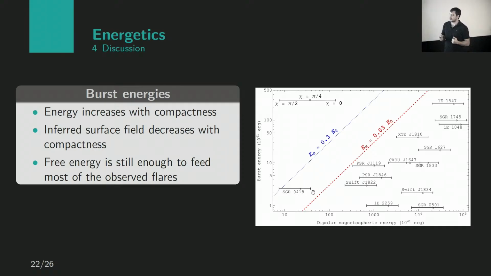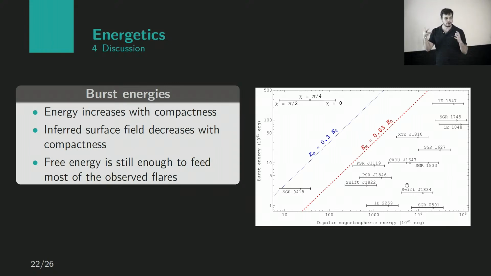With the exception of one, this was a giant flare, if I'm not mistaken, which again was an extreme event, and it probably involves some more global reconfiguration of the magnetosphere, maybe a magnetosphere with more than one twisted loop, or a big, let's say, global twist.